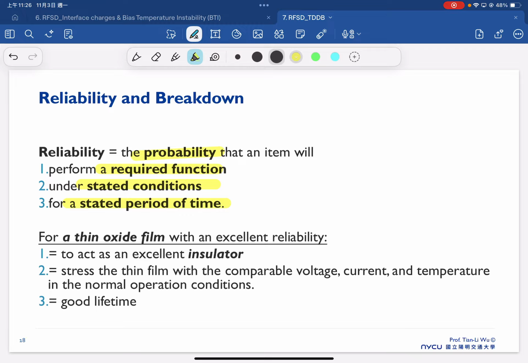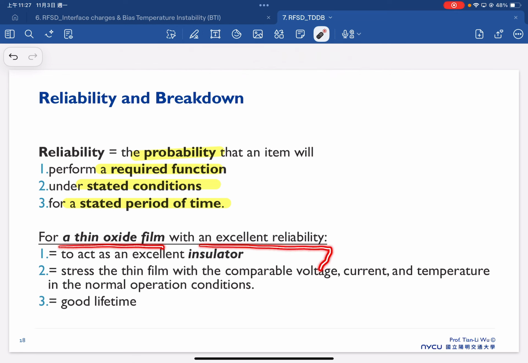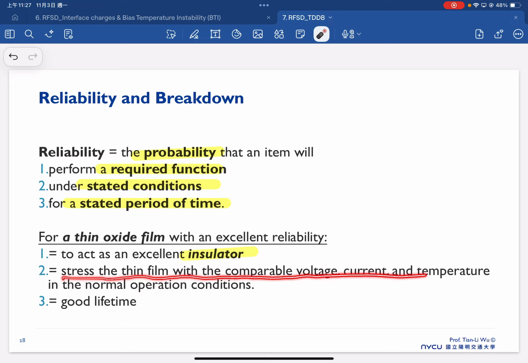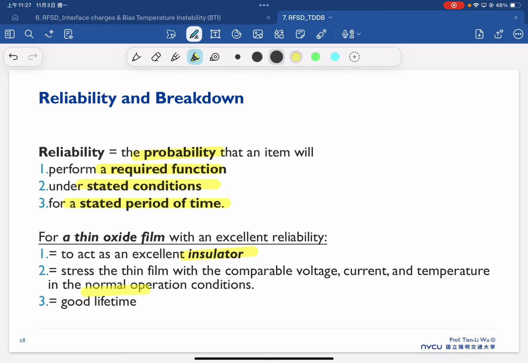That's how we define reliability. And if we consider a very thin oxide to have excellent reliability, first of all it has to be a very good insulator. That is the first important thing. And then it must withstand stress with comparable voltage, current, and temperature, especially in the normal operation condition.